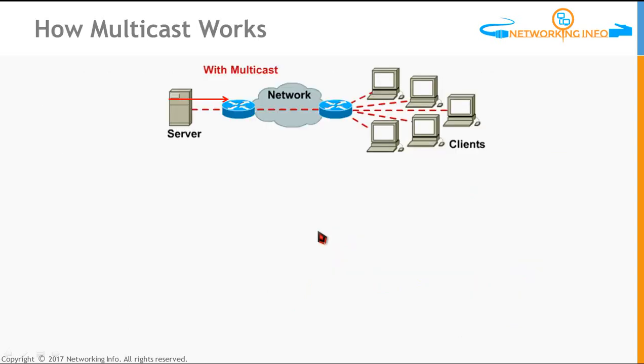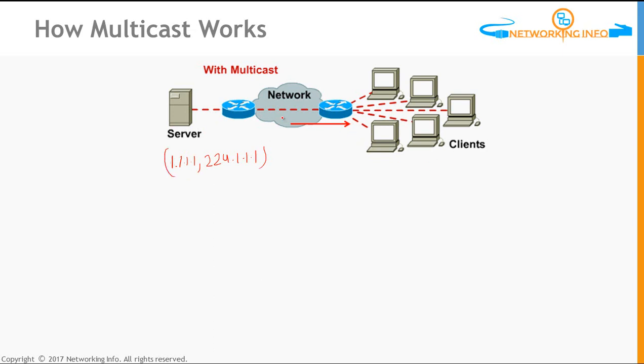Now we can talk about how multicast works. I have brought a very basic example here. First, the sender starts sending application data or video application data. The sender will always say, I am 1.1.1.1, for example, the IP address of the server, and I am sending this feed to 224.1.1.1.